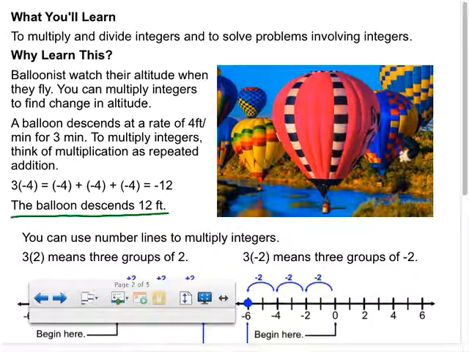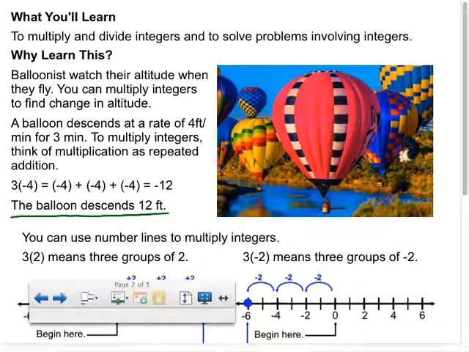A balloon descends at a rate of 4 feet per minute, for 3 minutes. To multiply integers, think of multiplication as repeated addition. 3 times -4 equals -4 plus -4 plus -4 equals -12. The balloon descends 12 feet.